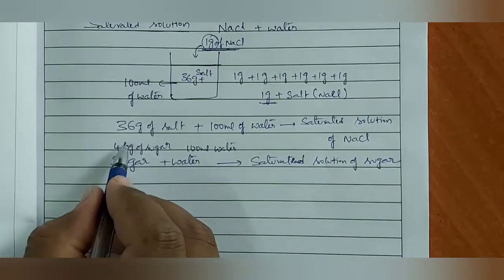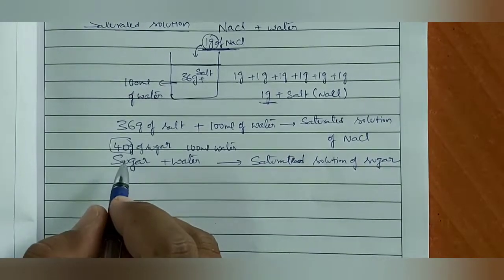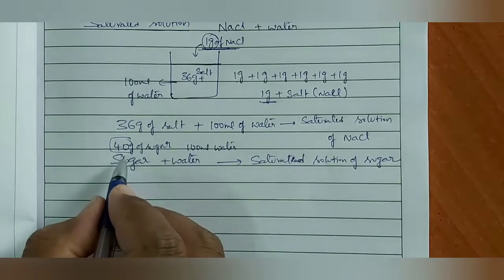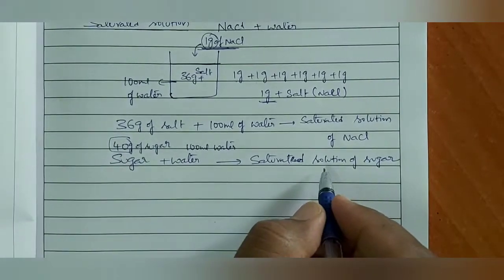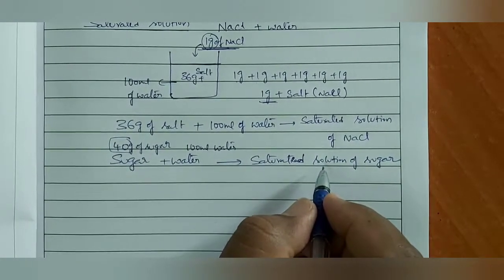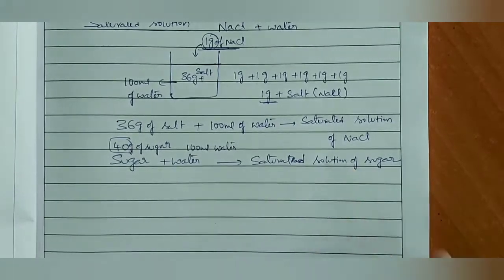This is for example only. You can refer and tell the exact value. For understanding purpose only I told that 40 grams of sugar dissolved in 100 ml of water is called a saturated solution of sugar. Why did I tell all these things? Now you will be clear about saturated solution.